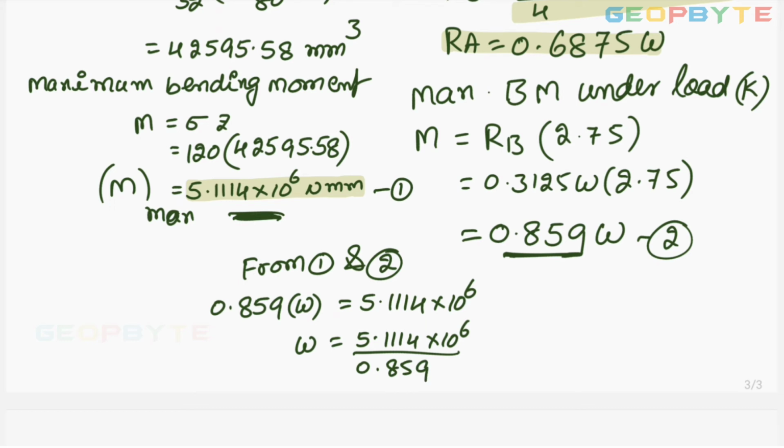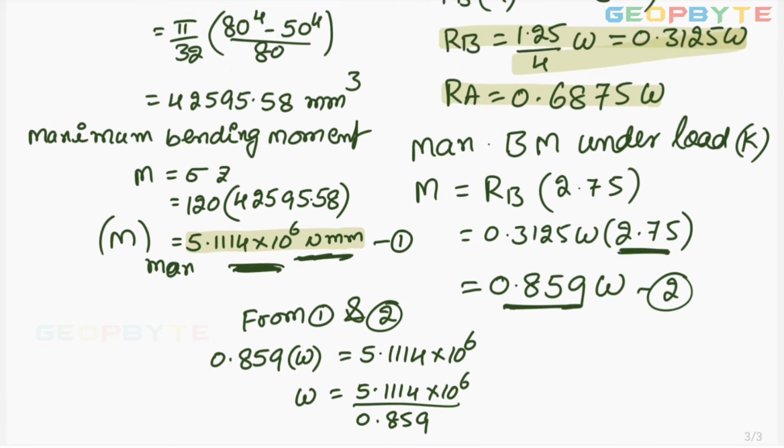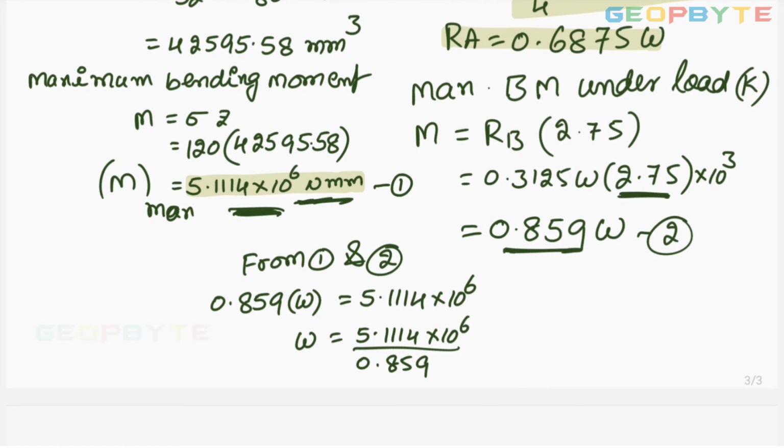You simplify this value. But the thing is, this M is in Newton mm, but the distance 2.75 should be taken in mm. Better to multiply with 10 power 3. So this is equal to 859 times the W. This is equation number 2.